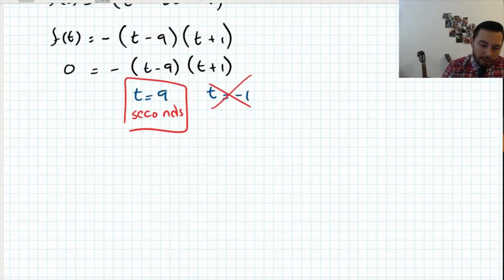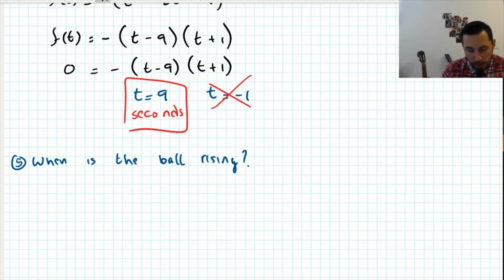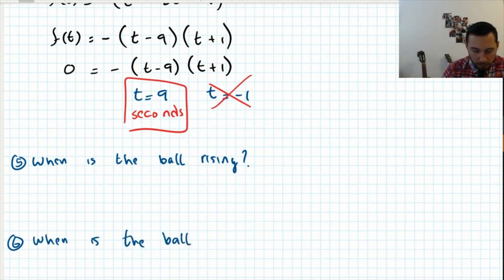So when is this ball rising? When is it falling? So we'll do number 5: when is the ball rising? And we'll call it 6 for the sake of separation: when is the ball falling?